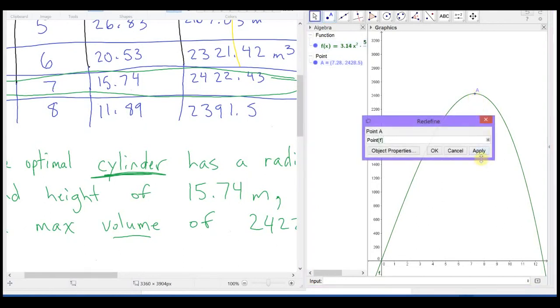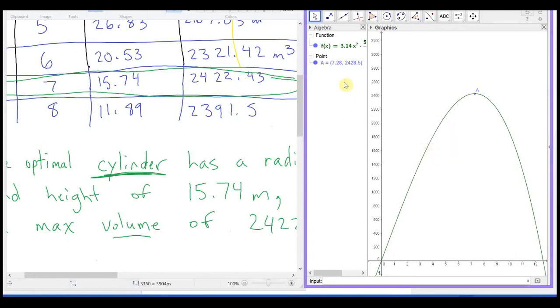Okay, I think that's the best I can do. So with a radius of 7.28, our maximum volume would be 2,400.